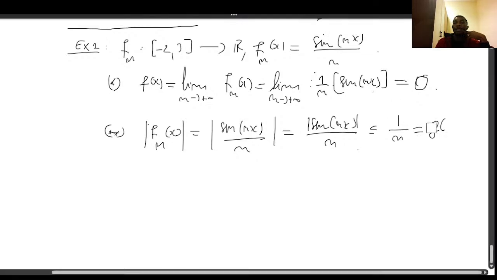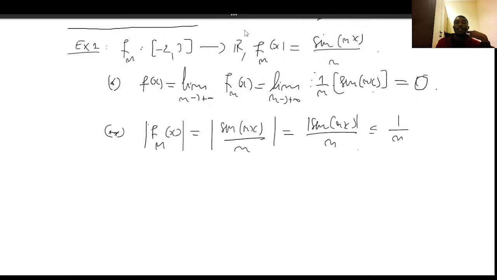We don't like it to depend on n, but let's think a little bit. We have 1 over n, right? 1 over n is always less or equal to 1, because if n is 1, it is 1; if n is 2, it is 1 over 2; if n is 3, it stays always less or equal to 1. So this is our g of x, which is a constant.